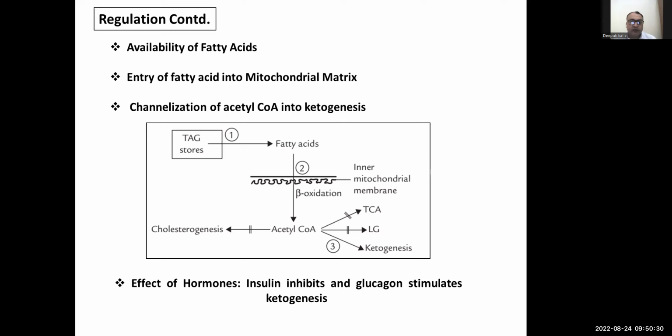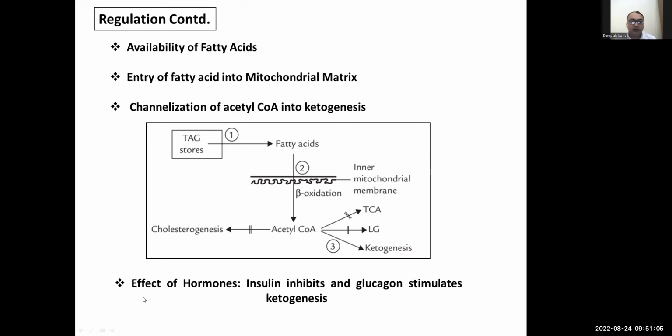Furthermore, due to the beta oxidation process, the ratio of NADH to NAD plus will be high. That high ratio will also inhibit the TCA cycle enzyme isocitrate dehydrogenase, which also leads to the halt of the TCA cycle, so that acetyl-CoA will be channeled towards ketogenesis in case of starvation and uncontrolled type 1 diabetes, as well as with a low carbohydrate diet.